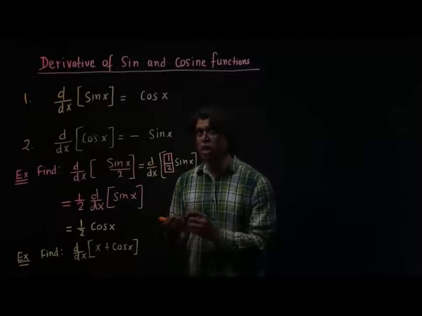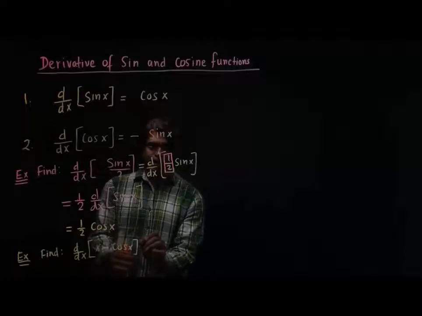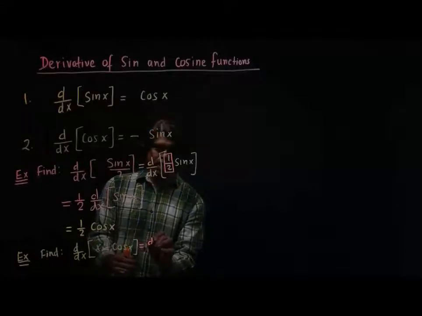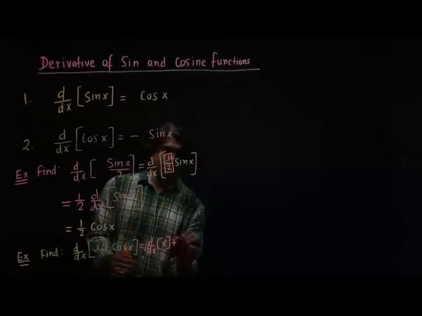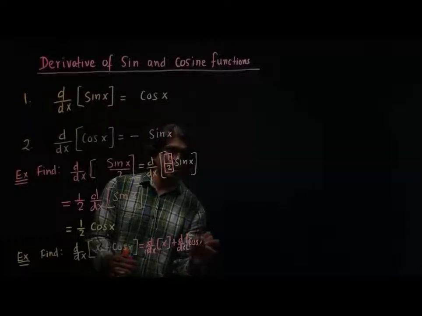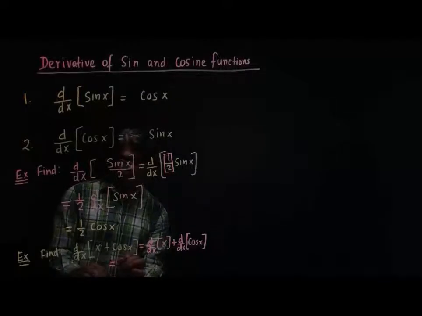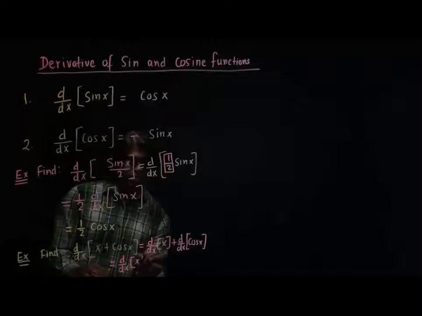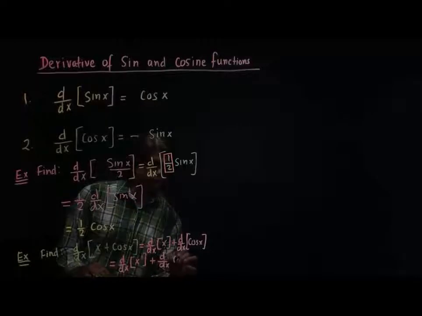I am going to distribute d by dx inside the bracket, and I will write d by dx of x plus d by dx of cosine x. Now I'm going to rewrite d by dx of x as d by dx of x to the power 1, plus d by dx of cosine x.